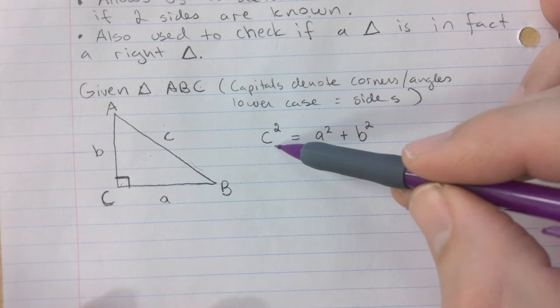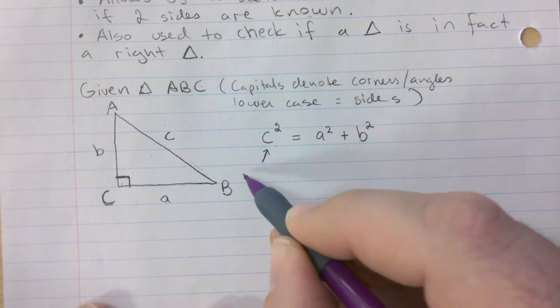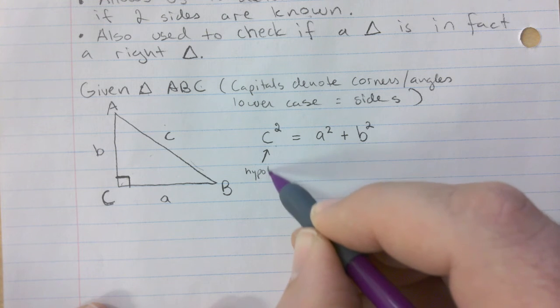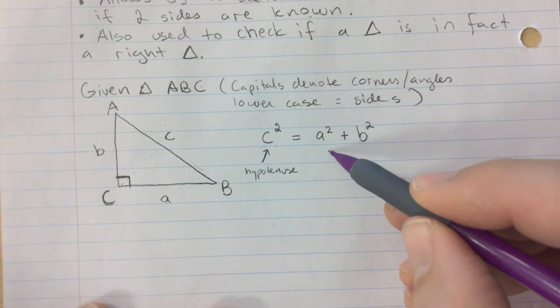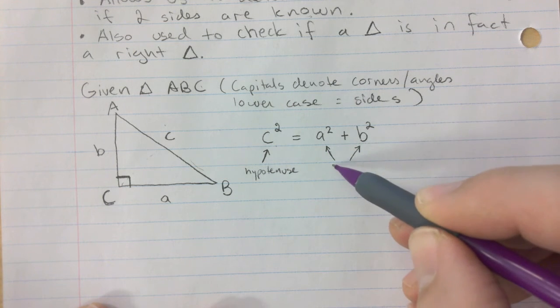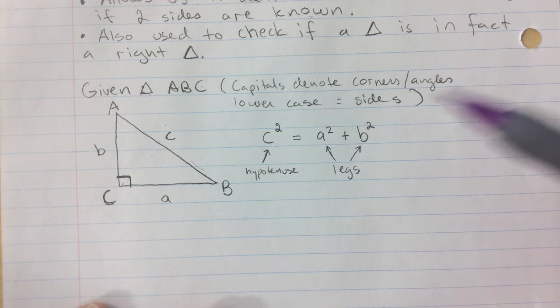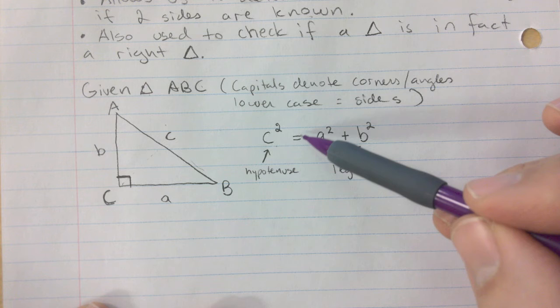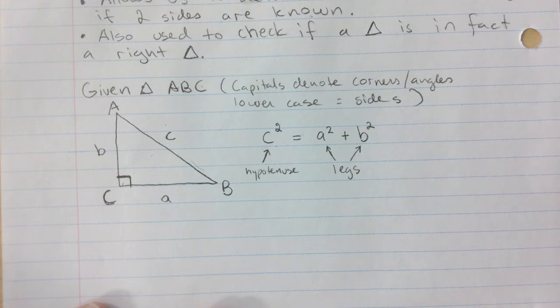So the hypotenuse squared is equal to, these two here are called legs, okay? So the hypotenuse squared is equal to both legs squared and added up, okay? That's very important to remember.